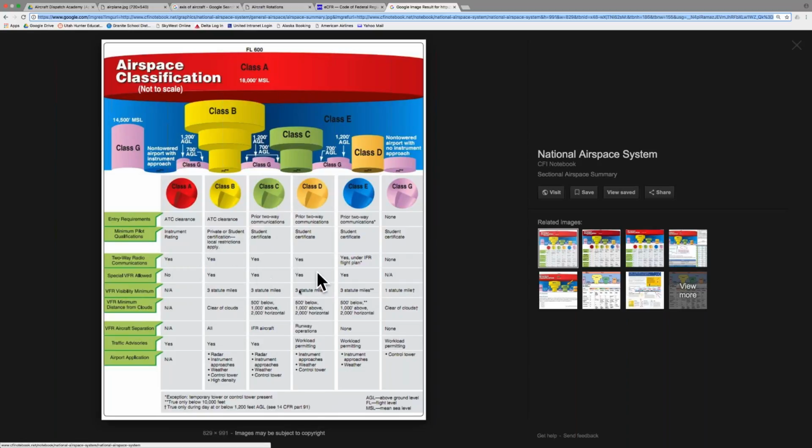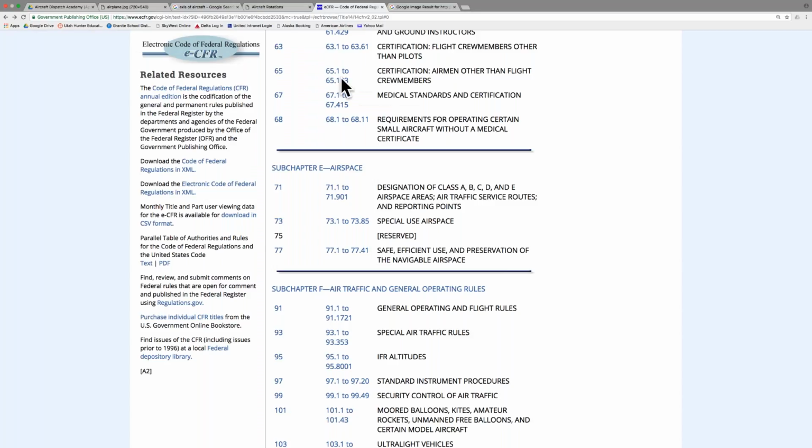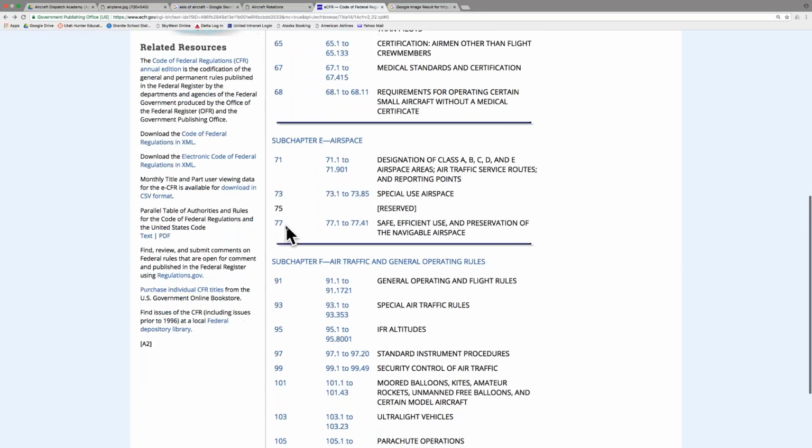And the aircraft have to be equipped with certain instrumentation in order to fly in them as well. Part 71, just make sure you understand that that's about the airspaces.